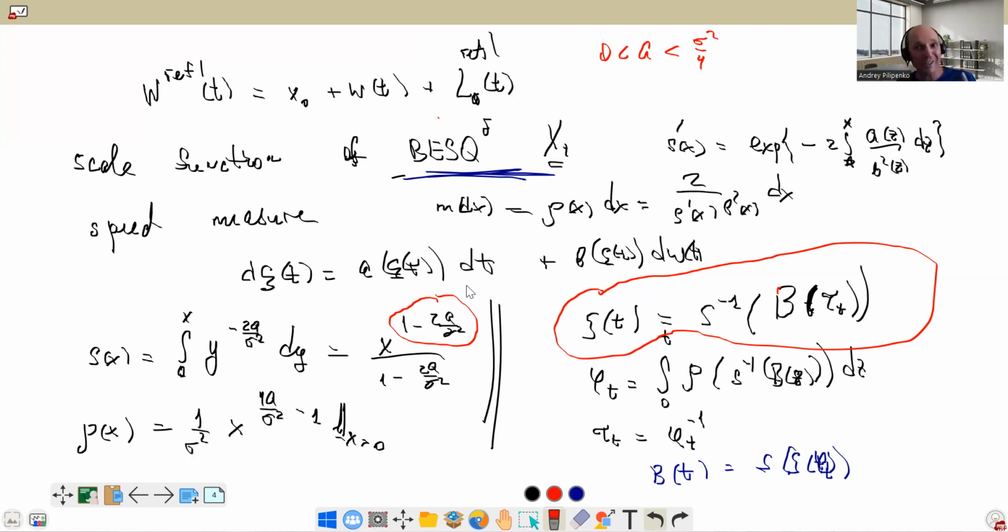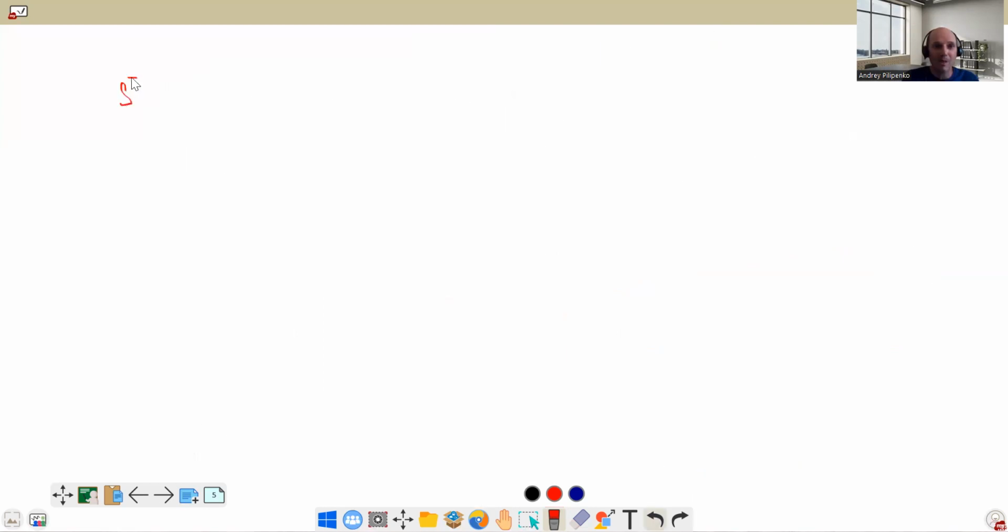And if the power is greater than 1/2, then this function is twice continuously differentiable at 0, and 0 is a bad point. So you may apply the Ito formula for s minus 1 of x of t. And if you apply the Ito formula, then you will get the following representation.